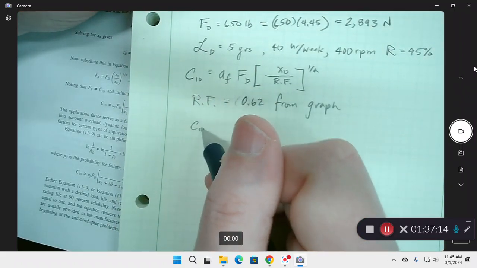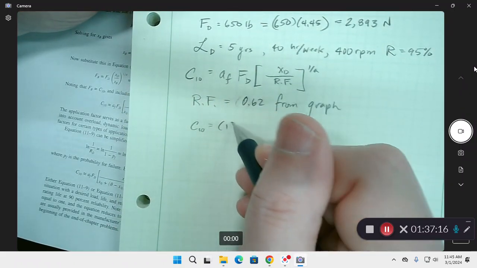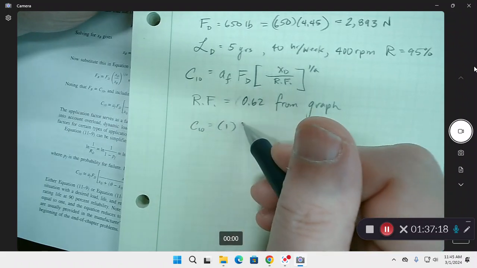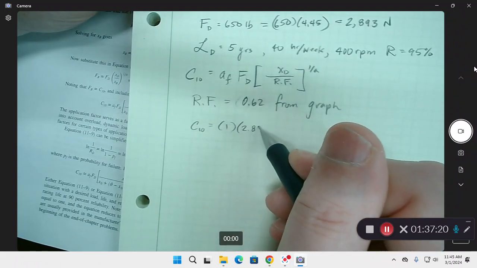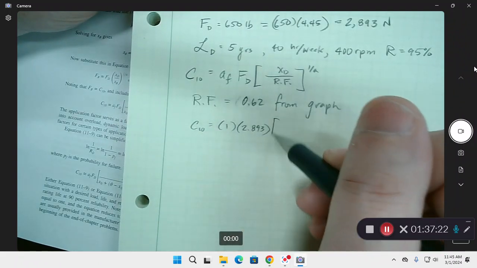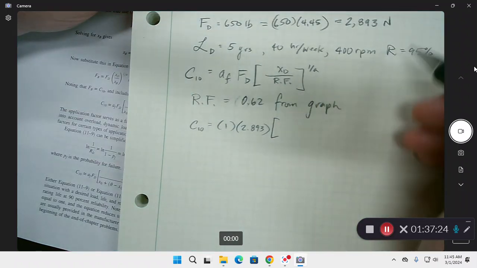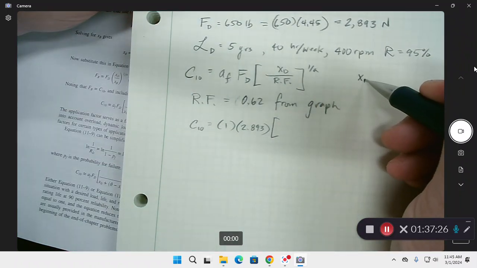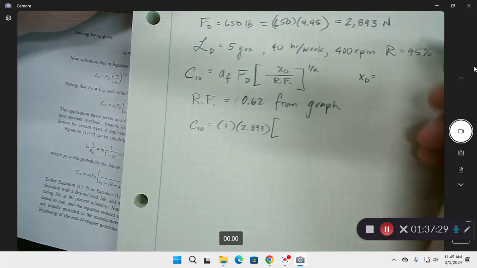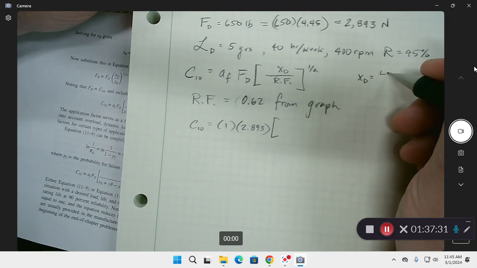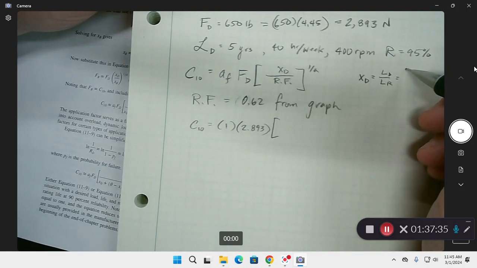So anyway, C10, application factor of 1, they told us, 2.893. Oh, I needed to do that XD. I'm going to do it up here somewhere. XD is, as you'll remember, LD divided by LR. We need hours.